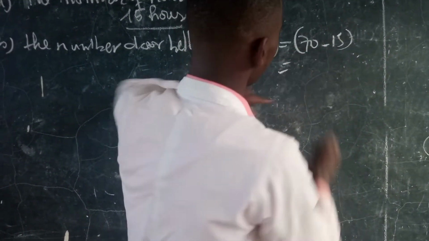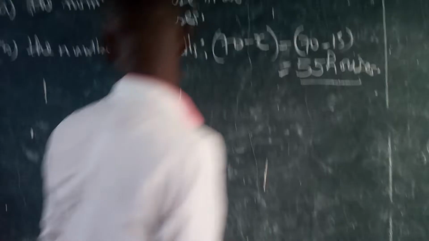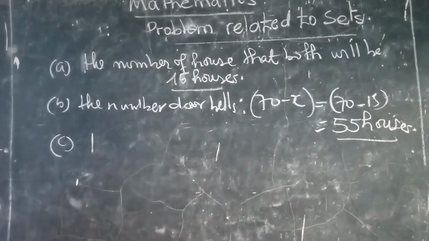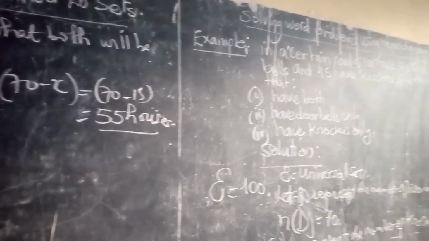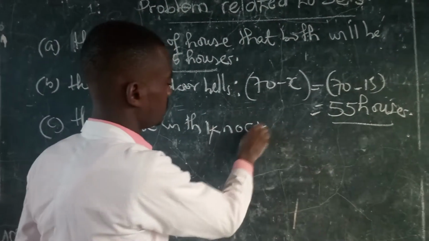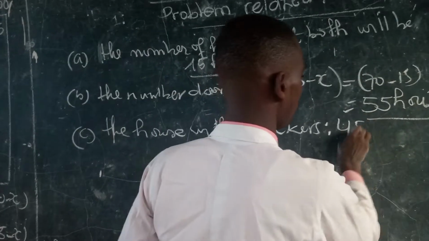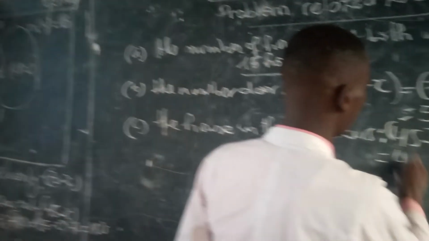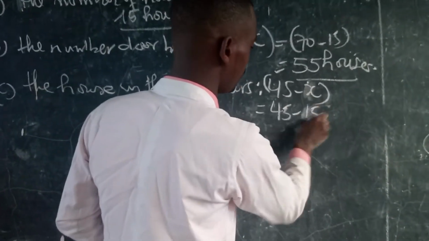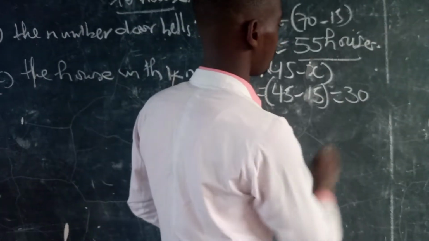Our result will be 55. 55 houses. Good. Let's come back to number C. Have knockers only. The houses with knockers only will be 45 minus the value of both, x, which will be equal to 45 minus 15, which will be equal to 30. 30 houses.